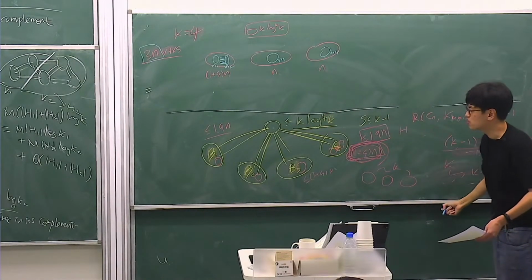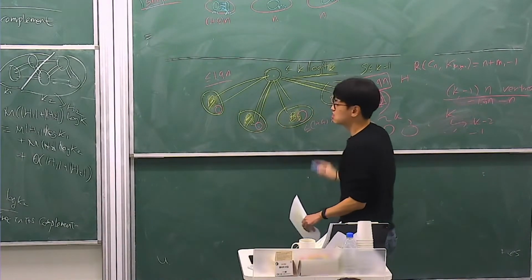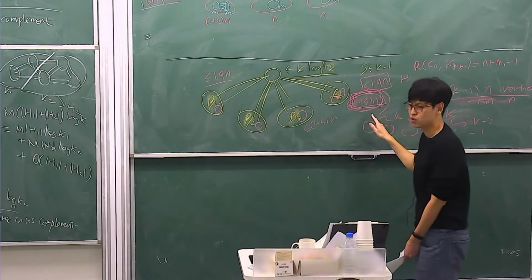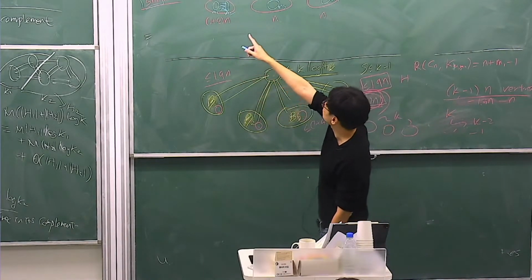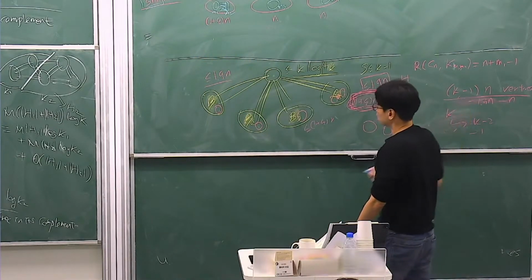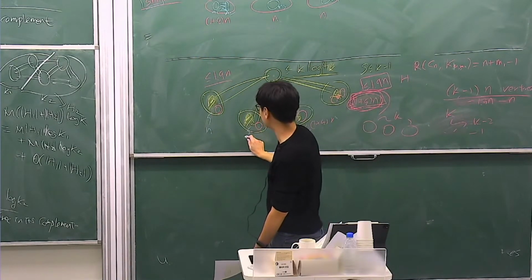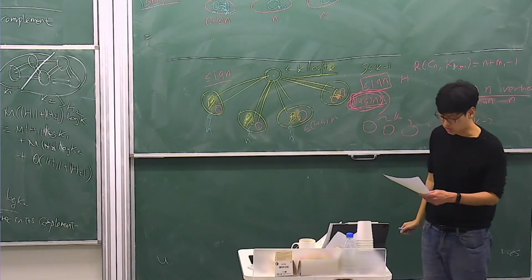So by that argument, you can show that everything here is smaller than 1 plus epsilon n. And then, because we know that the entire number of vertices is k minus 1 n, it's actually very close to n, very close to n, very close to n. So that gives you stability.